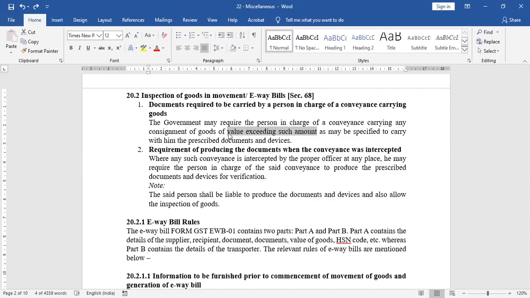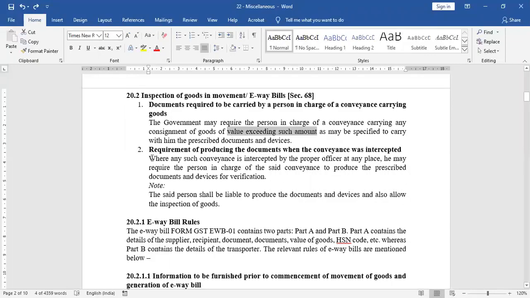So it is necessary and compulsory for every person, when the goods are moved from one place to another, and if the value is more than 50,000 rupees, I will show you later on, but you must remember that if the consignment value is more than 50,000 rupees, the truck driver or the person moving the goods must have the bills.